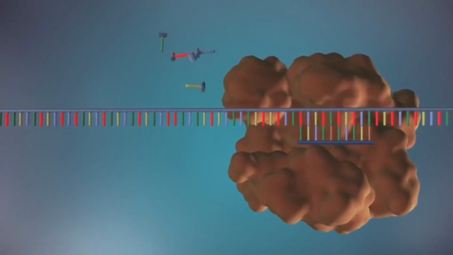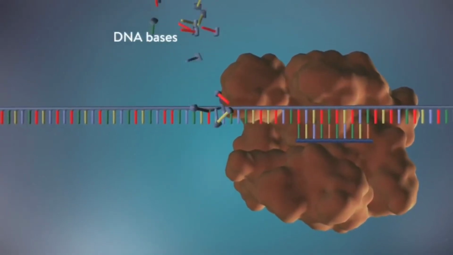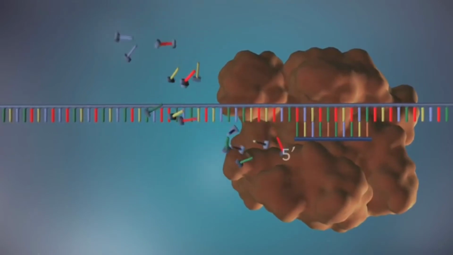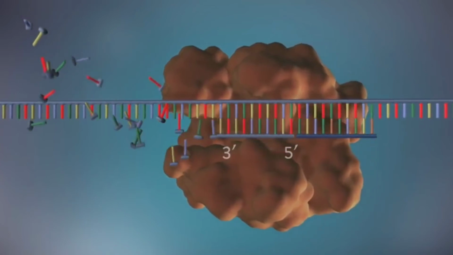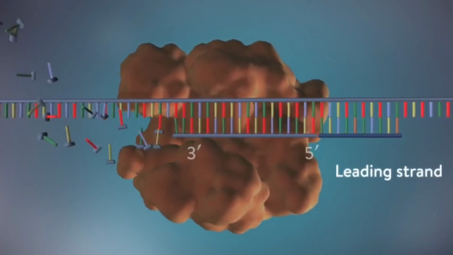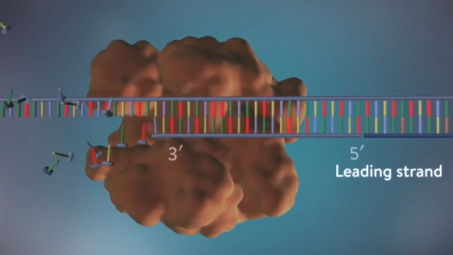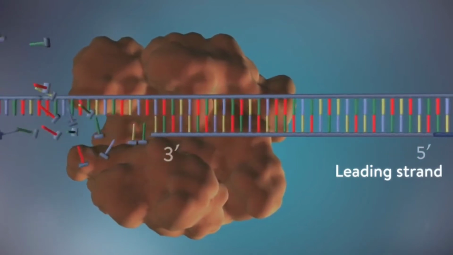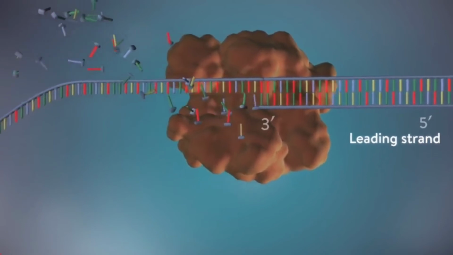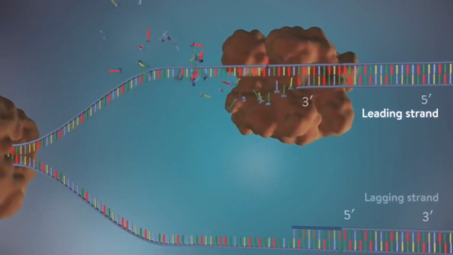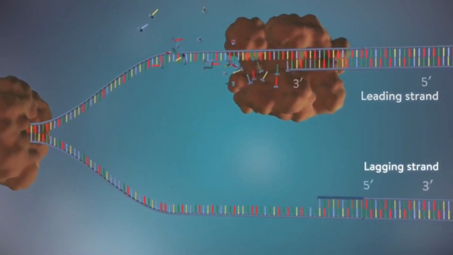After that, DNA starts replicating by the DNA polymerase. DNA polymerase adds nucleotides opposite to the nucleotides present in the template strand. This strand continues and hence is known as the leading strand.